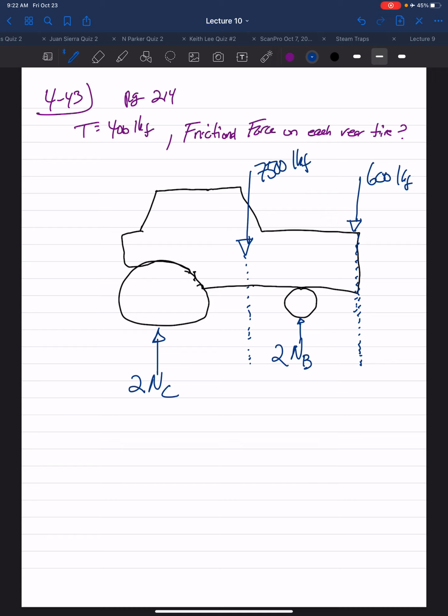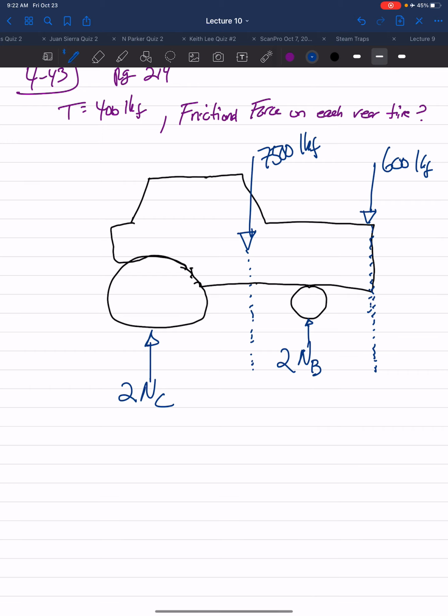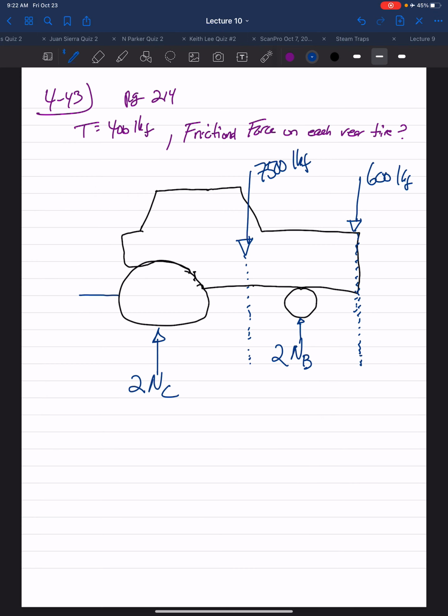The front wheels, they said, were free to roll, so we can neglect friction there. The pulling force, T, is to the left. And that was given as 400 pound force.